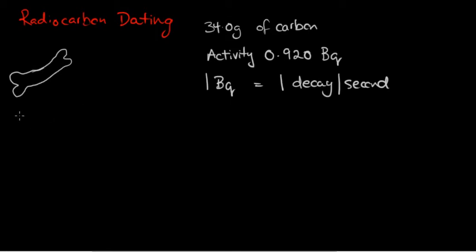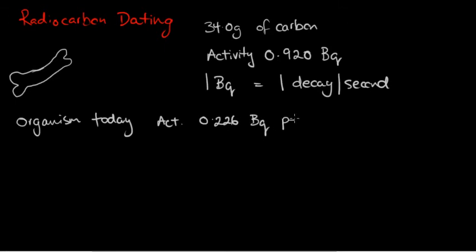An organism still alive today has carbon in its cells with an activity of 0.226 becquerels per gram, and so we can compare these two and work out how old this sample is, knowing that carbon-14 has a half-life.